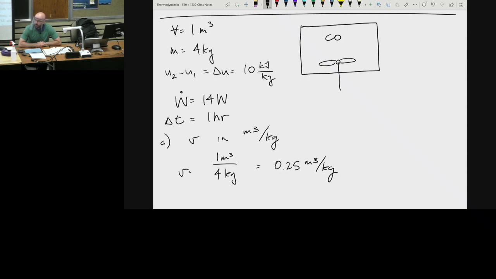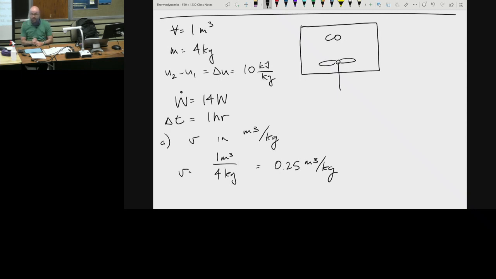Yeah, it is. Because the volume at the initial state is still 1. The mass at the initial state is still 4. It's still 0.25. So they're asking us something about the final state, but it's the same thing. Now, that may make total sense to you. The volume doesn't change, the amount of mass doesn't change, so the specific volume shouldn't change.